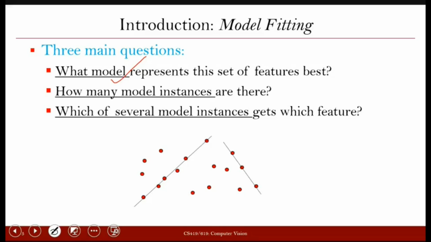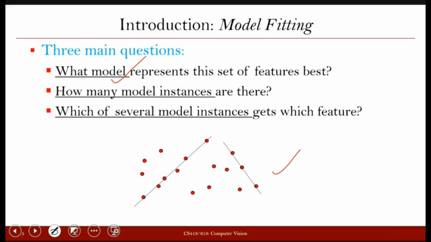As you see in this example, our model is the line, and we see that there are two lines existing in this image, or for these features. So the first thing is to decide which model is appropriate for the given set of features, and the second is, once the model is decided, to find out how many such model instances are there in the image.